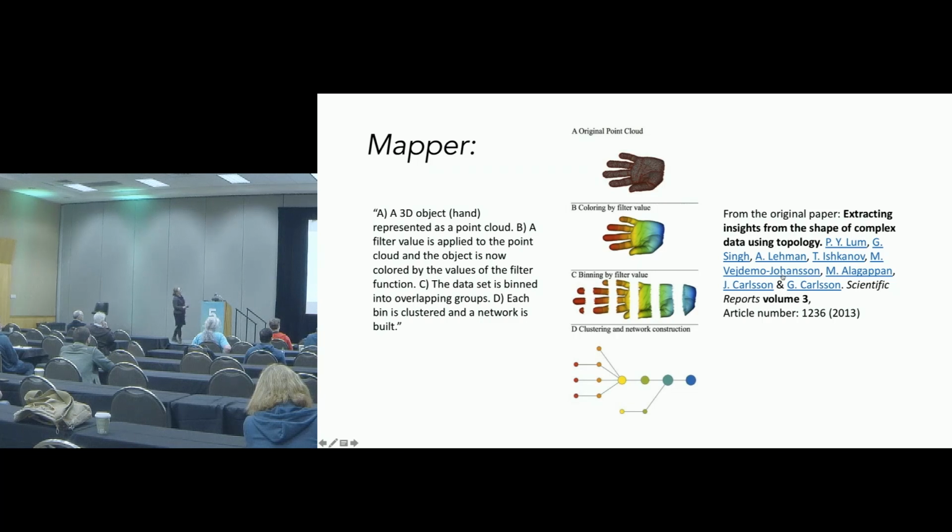But you see the idea here: you can't do clustering on a hand and get much sensible stuff out of it. And it's also not just the shape; the fact that it has 5 fingers really matters. So if you slice into these overlapping pieces, cluster, and then connect, you can get this skeleton on the bottom that tells you about the real structure of your data set. And it preserves important features, like there are fingers, and there's also a palm.